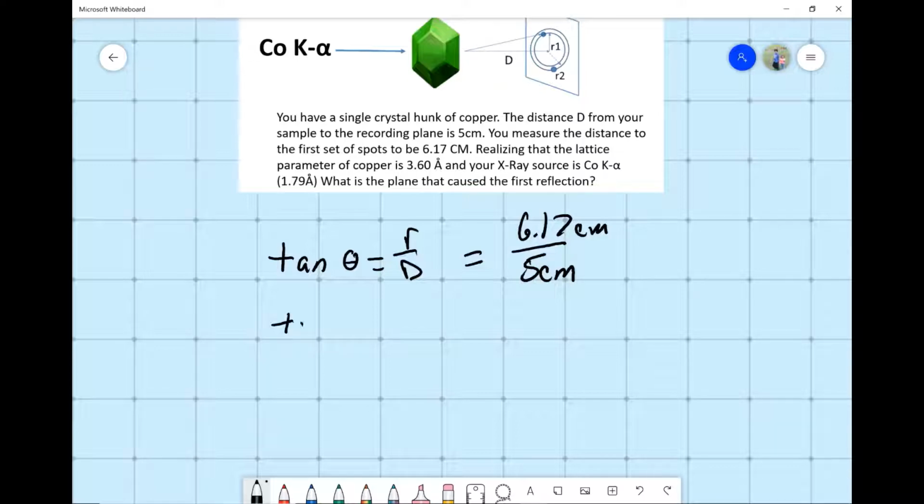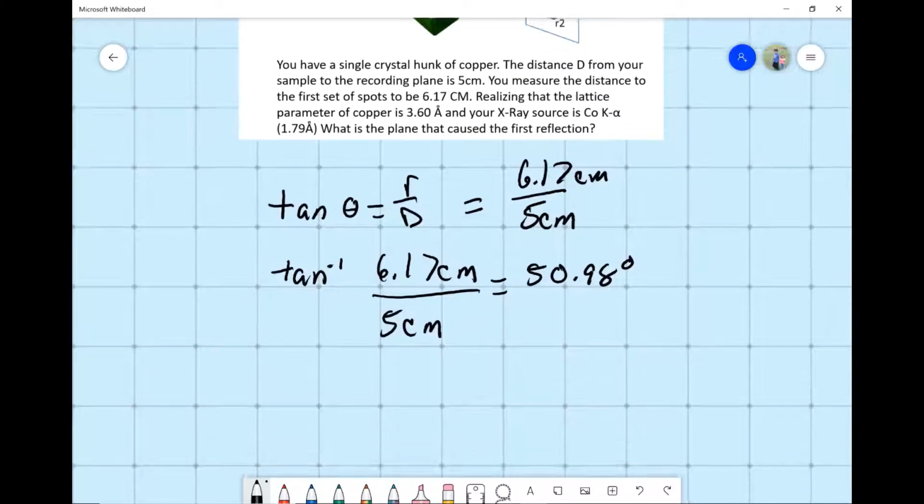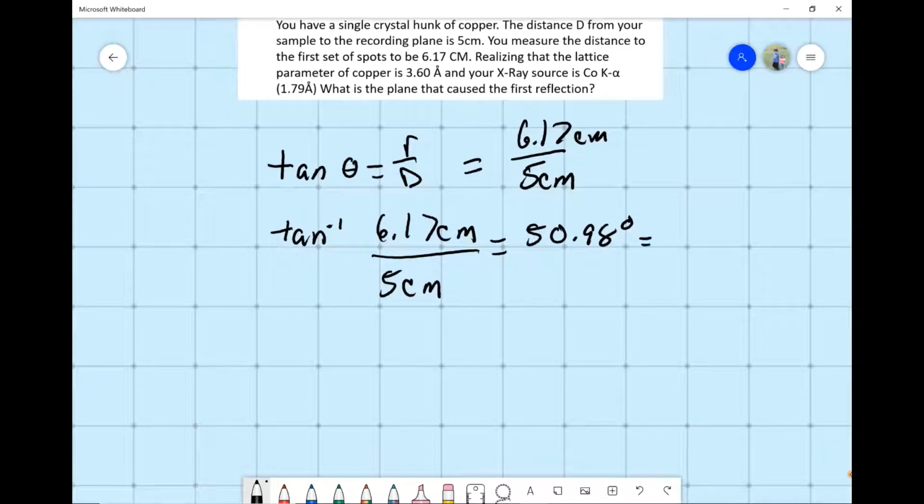So tan^-1 of 6.17 over 5, I get 50.98 degrees. And so that equals theta.